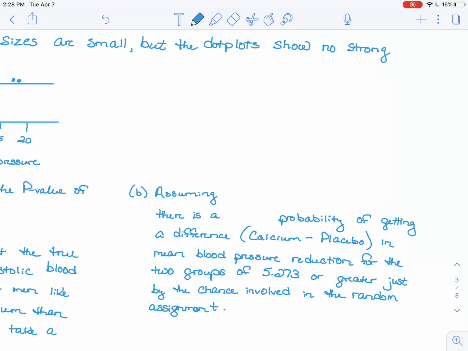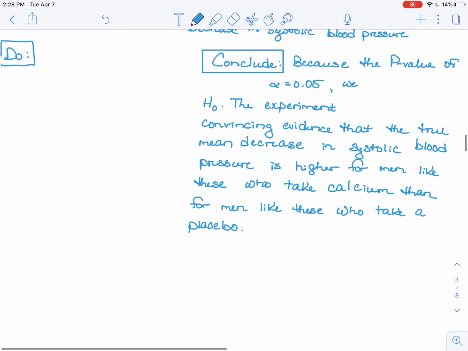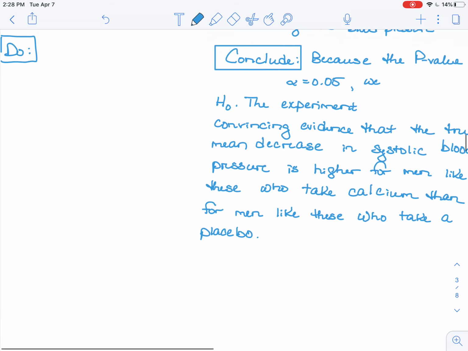So even though the sample sizes are small, the dot plots show no strong skewness, and also no outliers. So we don't know for sure, but it's plausible that my data came from a normally distributed population.